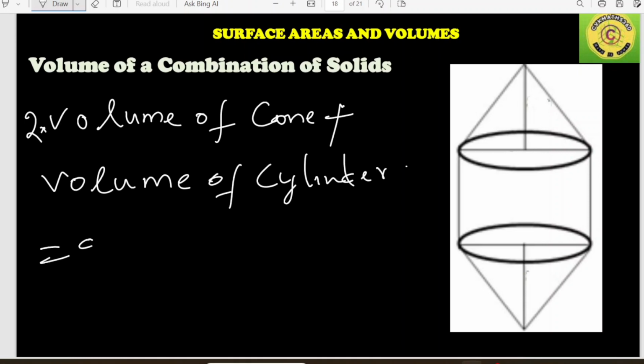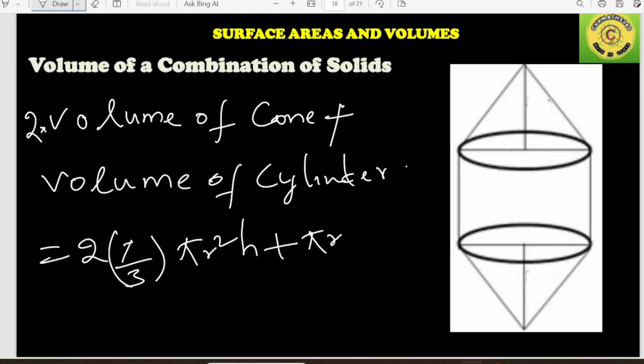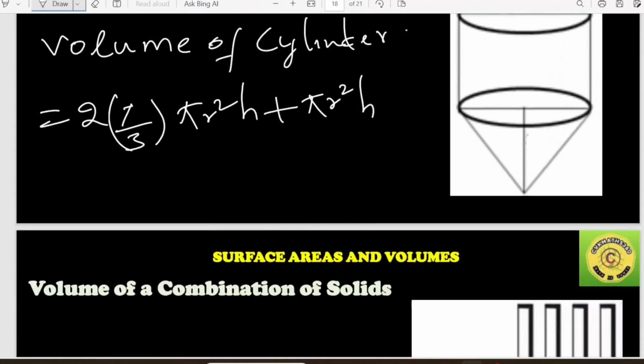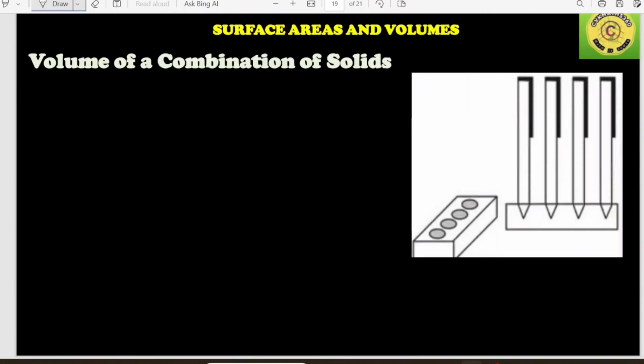So that is nothing but 2 into 1/3 of pi r square h plus pi r square h. We'll get the resultant.